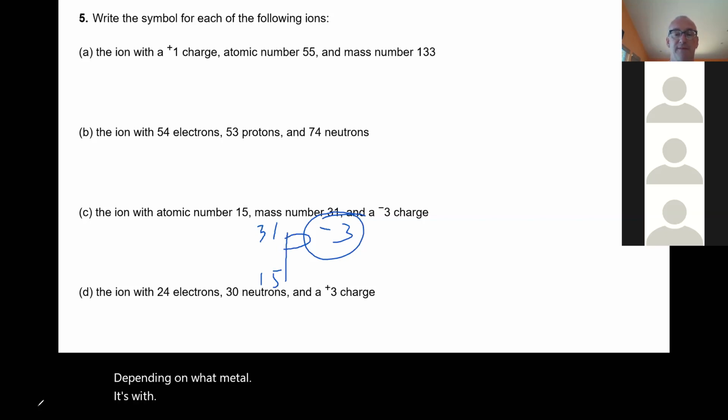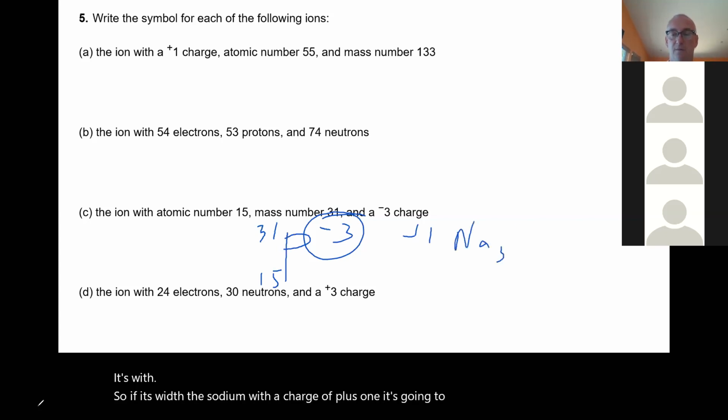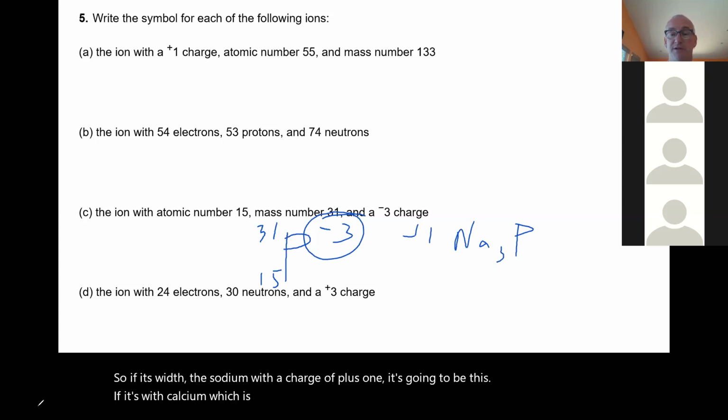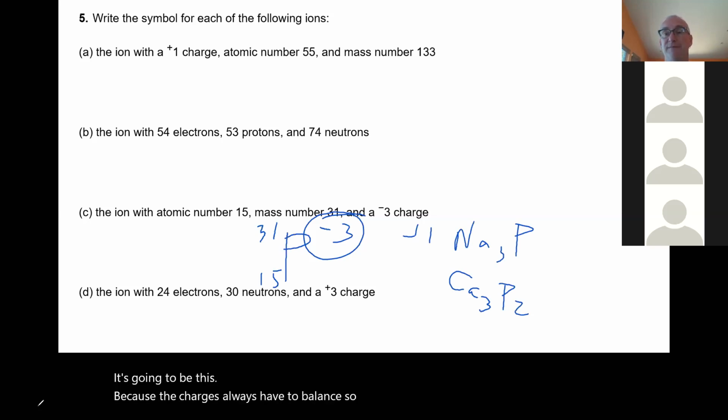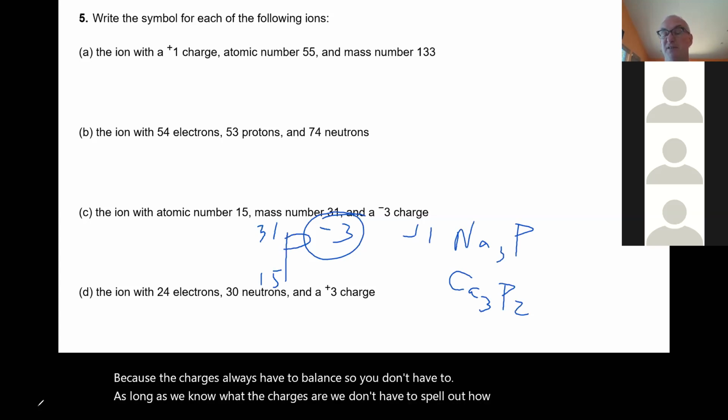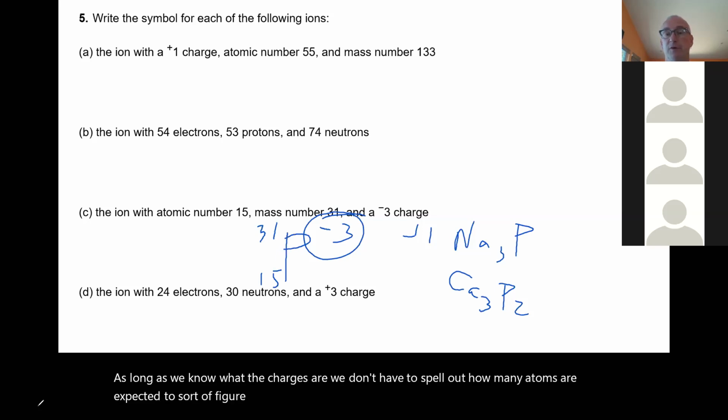So if it's with sodium with a charge of +1, it's going to be this. If it's with calcium, which always has a charge of +2, it's going to be this. Because the charges always have to balance. So as long as we know what the charges are, we don't have to spell out how many atoms. We're expected to figure that out for ourselves. Okay?